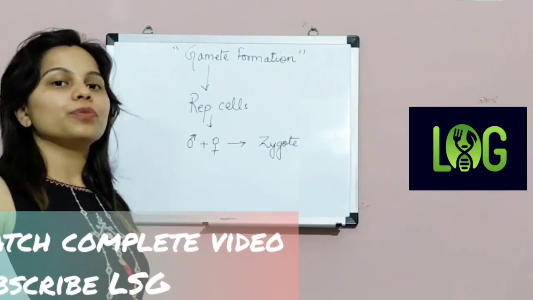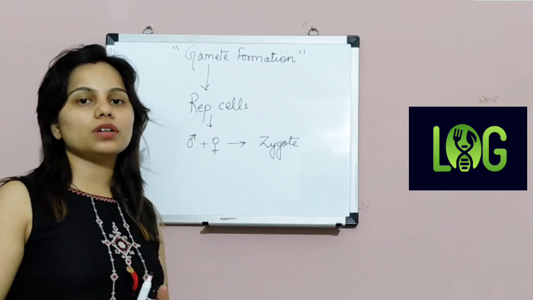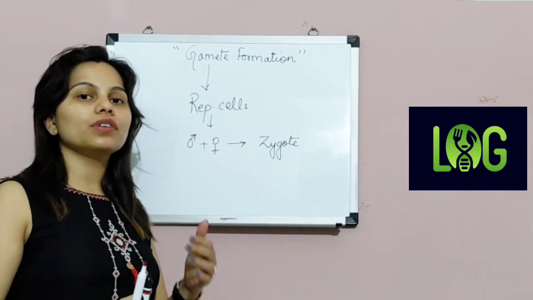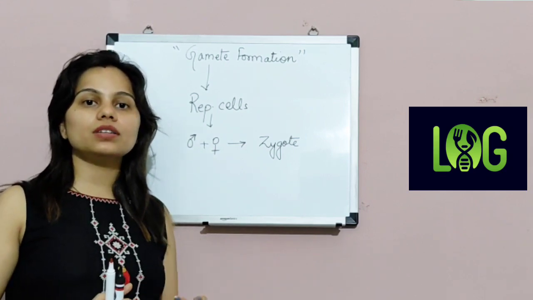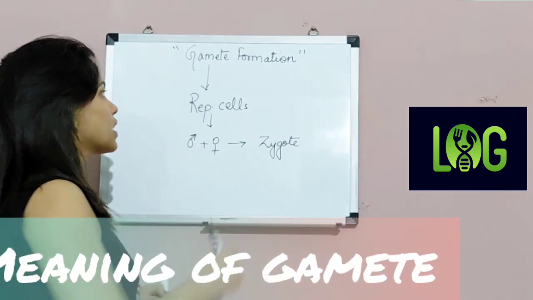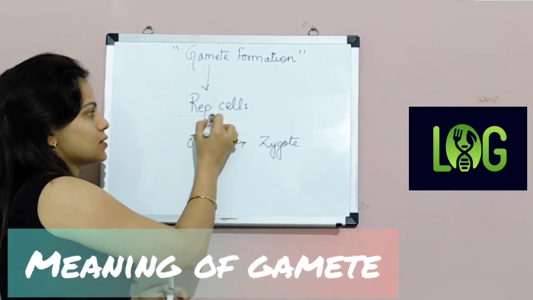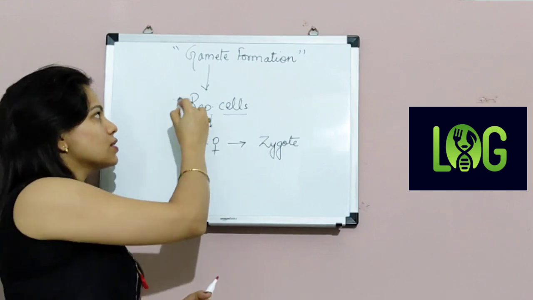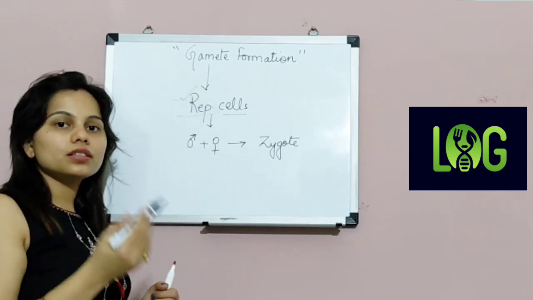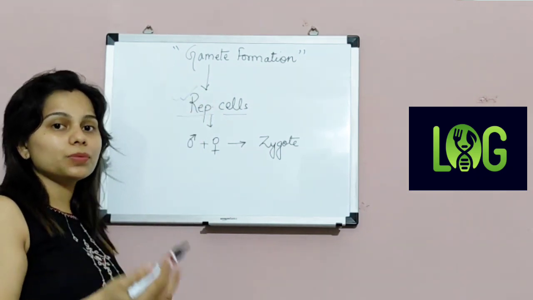Before heading towards the gamete formation process, we need to know what a gamete actually means. A gamete is a reproductive cell. We will get into the details of reproductive cells when we talk about the reproduction topic.